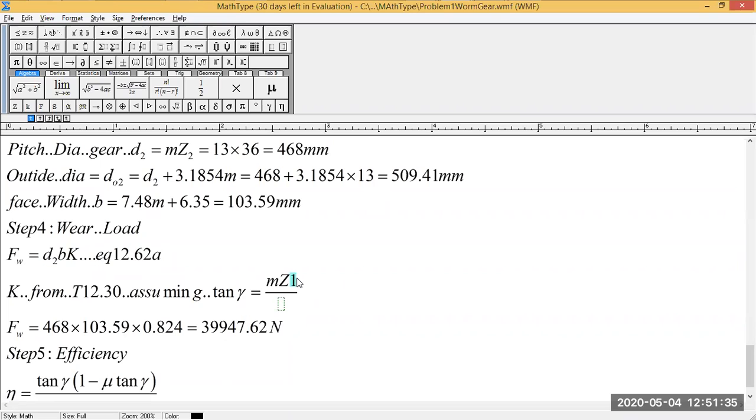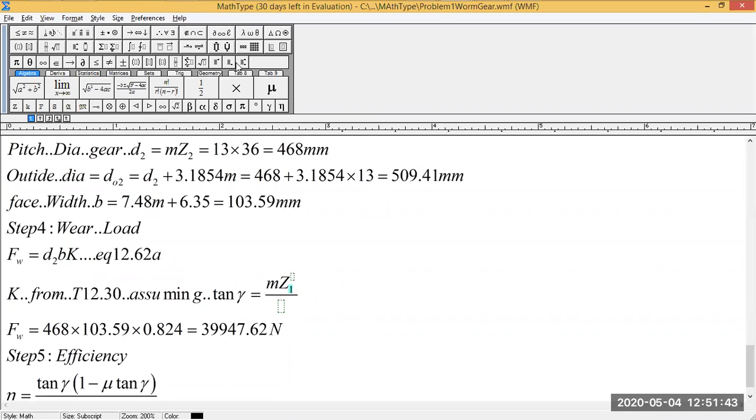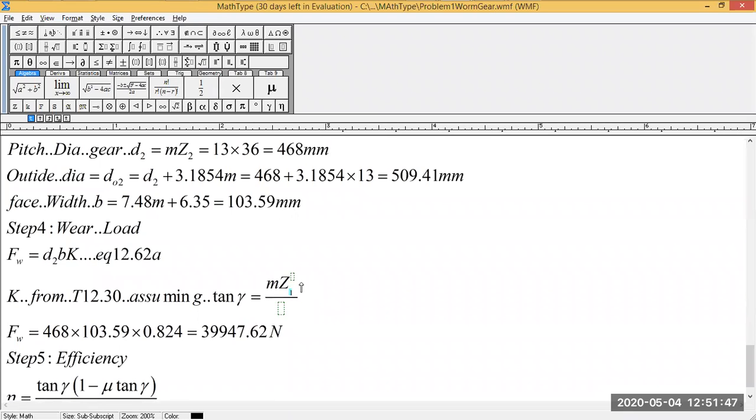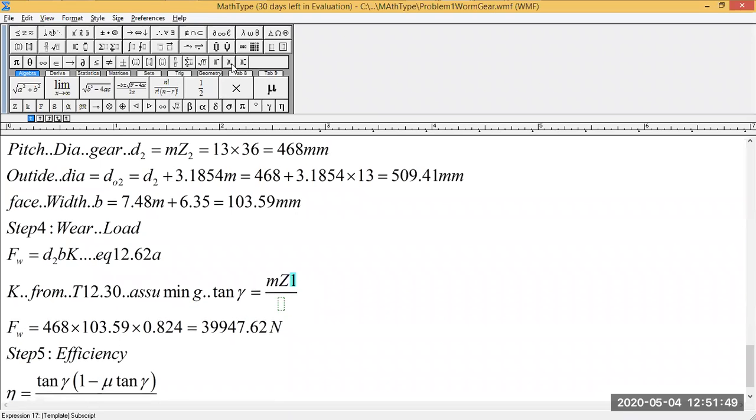You can do the small math in the design handbook. Both values of L and this thing you can substitute. We'll come to M Z1 over D1.